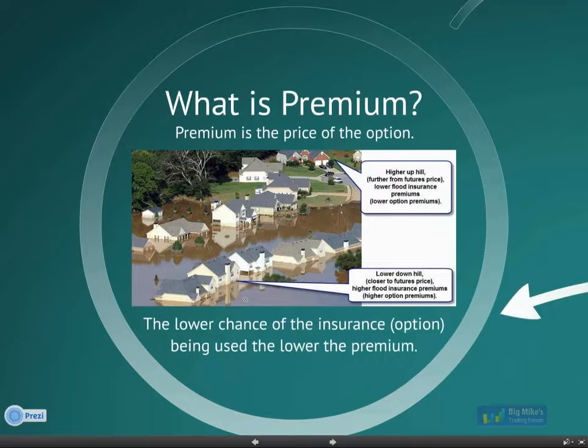The people down at the bottom of the hill next to the river are going to have higher flood insurance premiums, or the people selling options with a strike price close to the futures, that'll be a higher premium on those options.